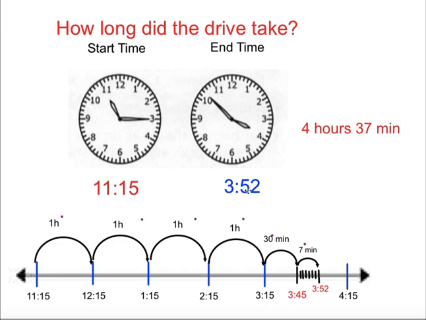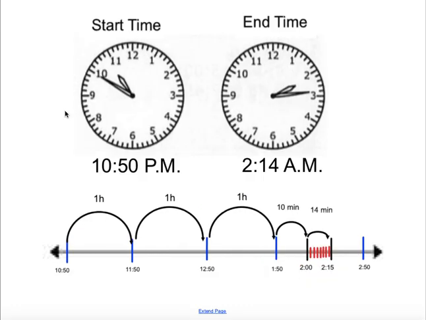I didn't reach my end time yet, so I knew I needed to jump 7 more minutes to get to 3:52. Now, some of you might have broken this up to 5 minutes and then 2 minutes. That's fine, because we always talk about those friendly numbers. So now when I count 1, 2, 3, 4 hours, and I have 30 minutes plus 7 minutes, which is 37 minutes.